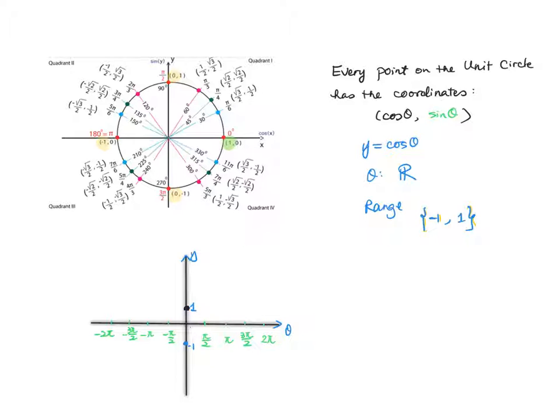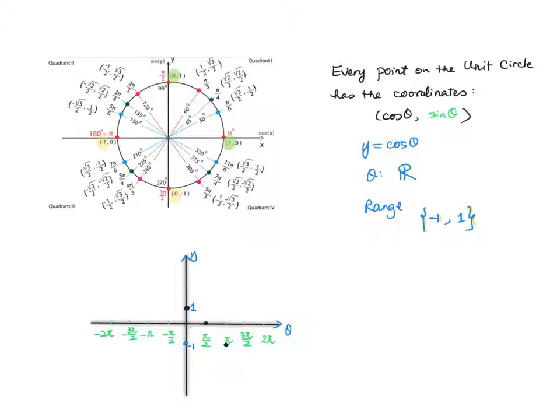Now, if I go to half pi, 90 degrees, my cosine is 0. So therefore, it's here. So now, really, it's the same thing. I go from positive 1 to 0. Next one, if you look at pi, x is negative 1.